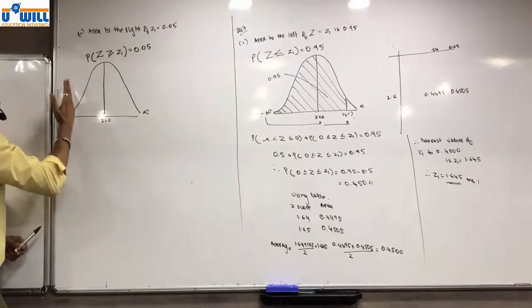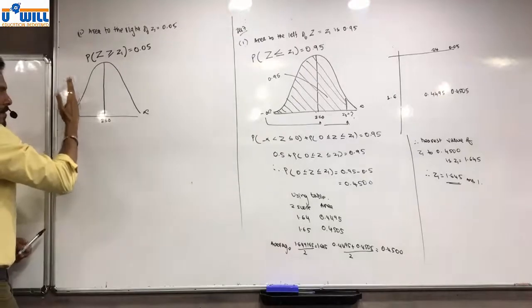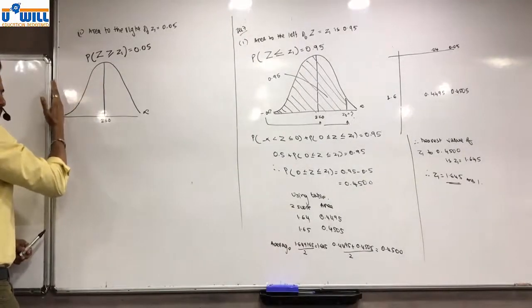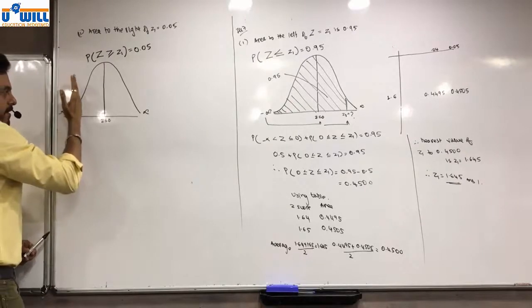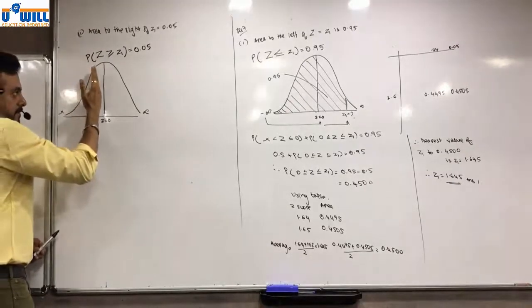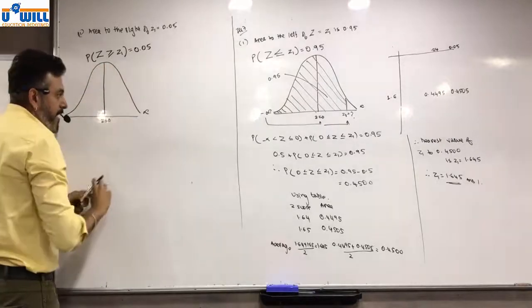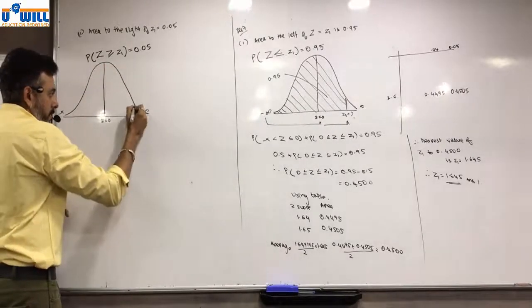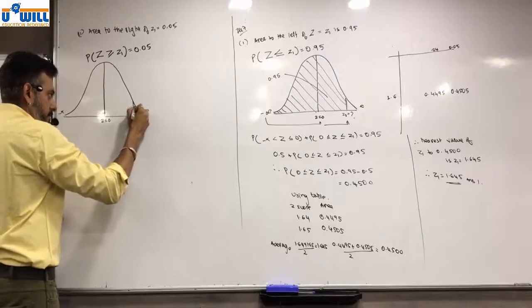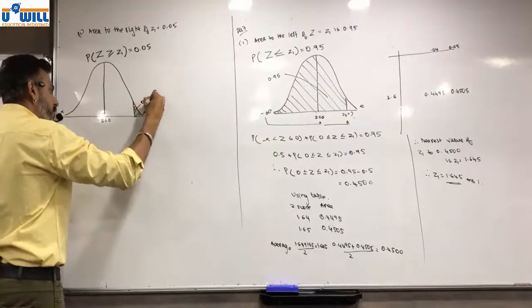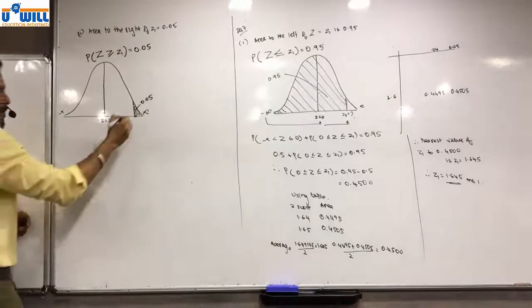So we cannot take it over here because then it will be up to here it is 50, so more than 50, say 100 है, 99 है, तो 99 से 70, 60, 50, 40, 30, 20, 10 and 5. So let's say this much area. This is 0.05.